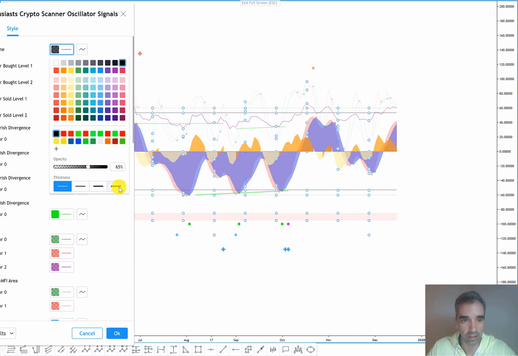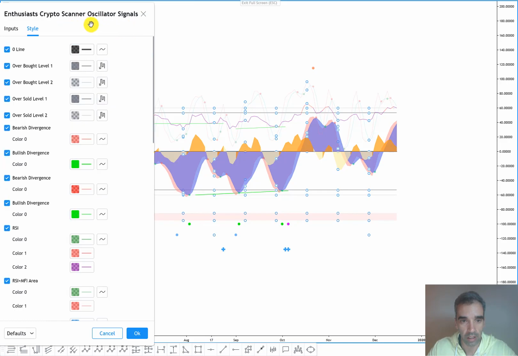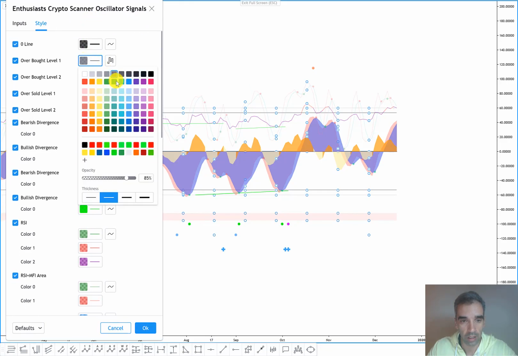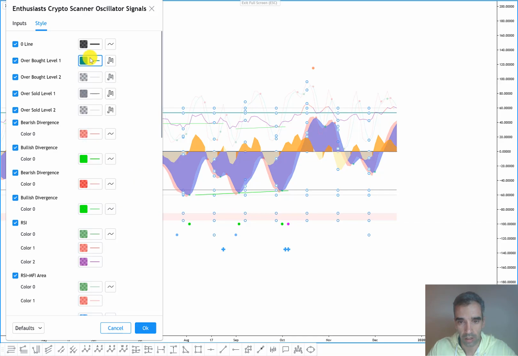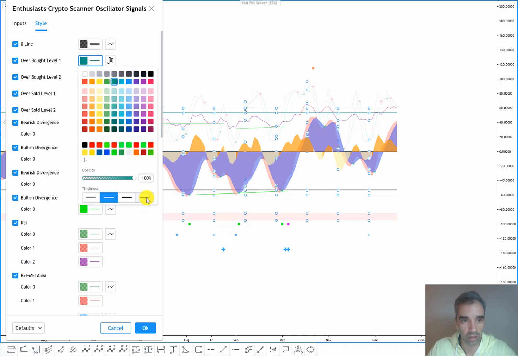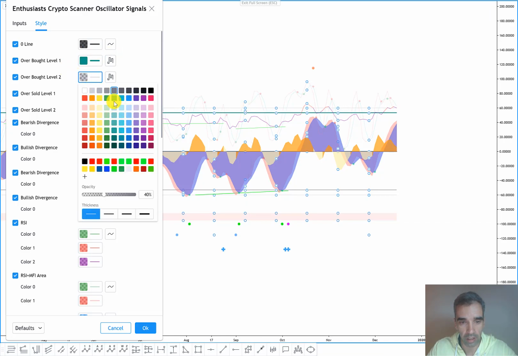So zero lines, as you can see here, popping up in black. Putting our lines here. You see overbought and oversold. So green already, going here, thick, red.